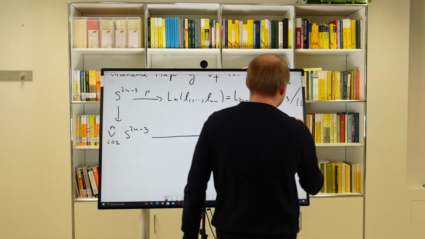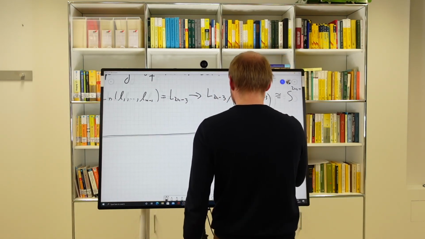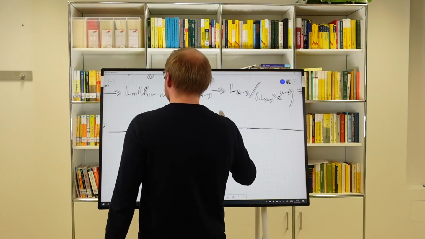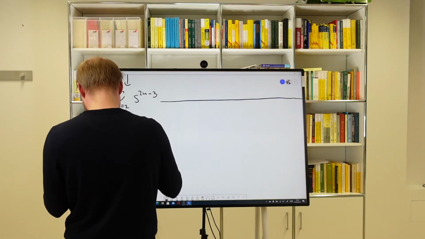All of these spheres are simply mapped onto the cell here by a degree 1 map, and therefore the full composition just has degree m.